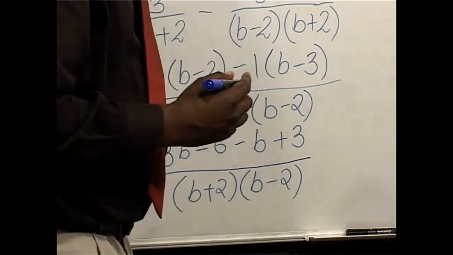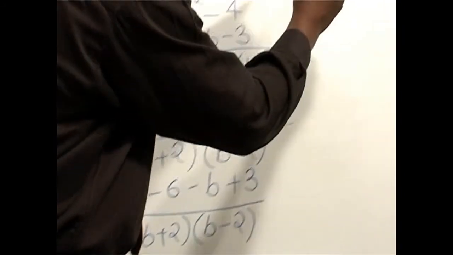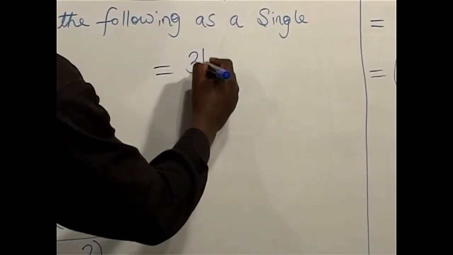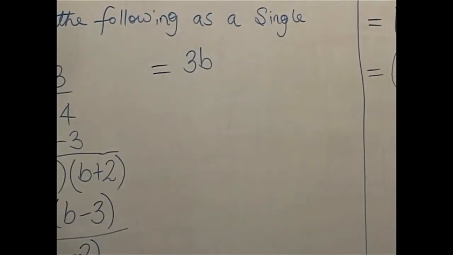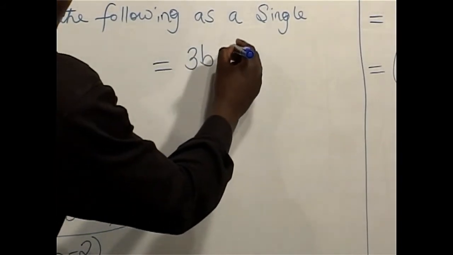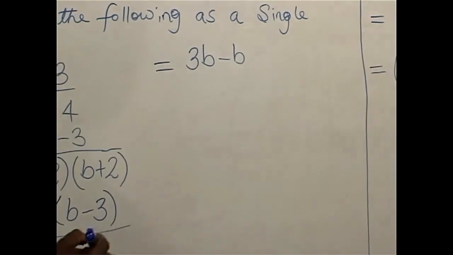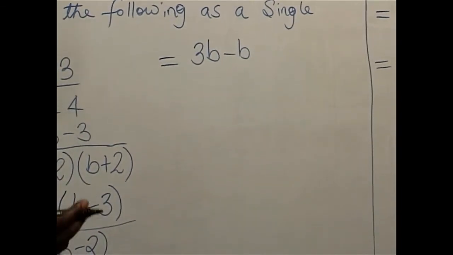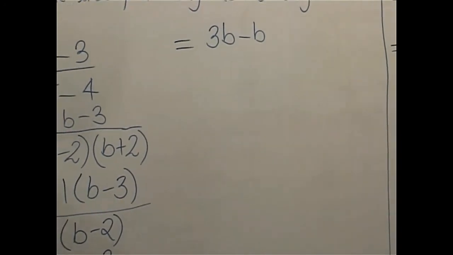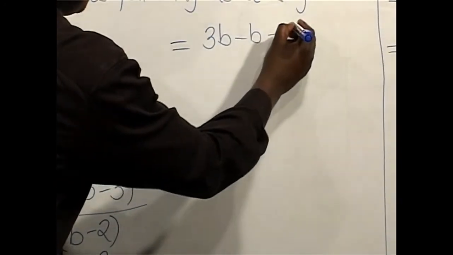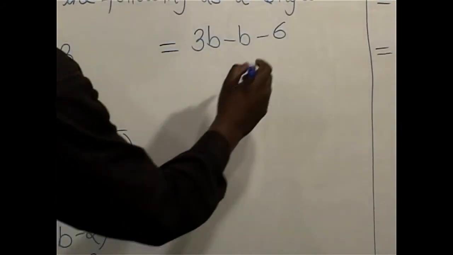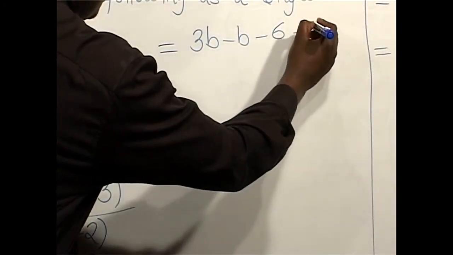So we are going to see that 3b must be written next to negative b. Like I said, make sure that each term moves together with its sign. Then we have negative 6, which must be written next to positive 3.